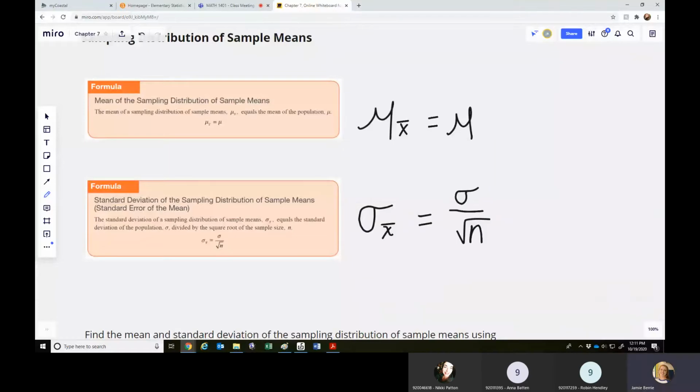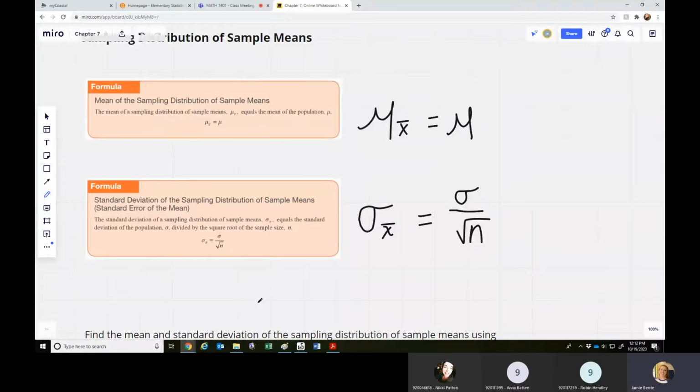If you're curious as to why we divide by the square root of the sample size, this is because as your sample gets larger and larger, let's say that you have a sample of 1,000, that's going to make your standard deviation smaller, right?